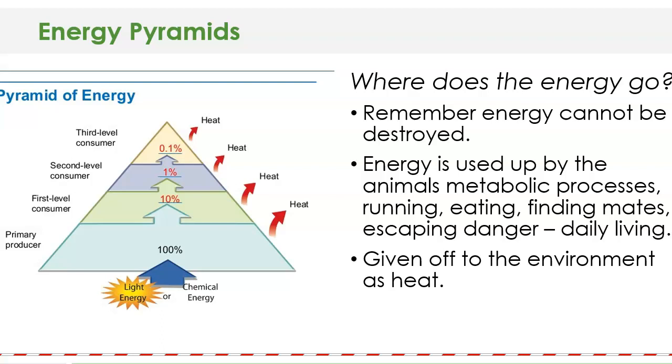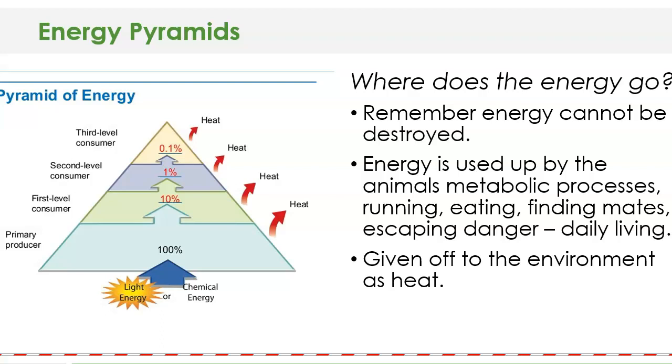All of these are a part of daily living. Okay. So all of these are the metabolic processes that various organisms go through, whether it's human or animal or plant. They go through these processes and it uses energy when they do that.